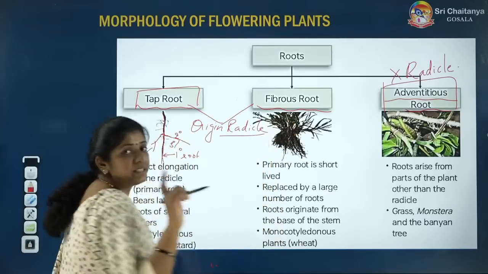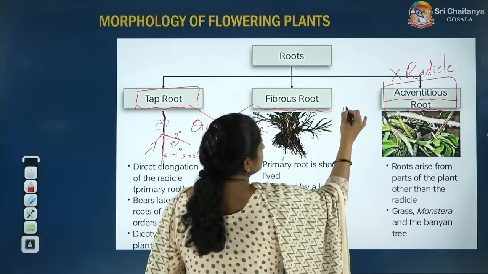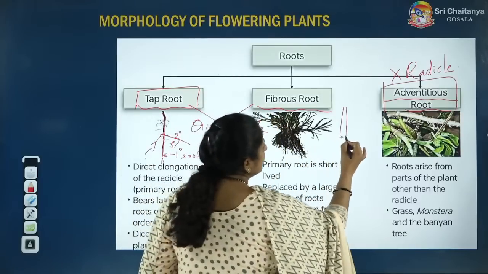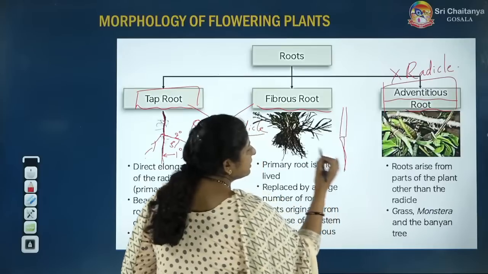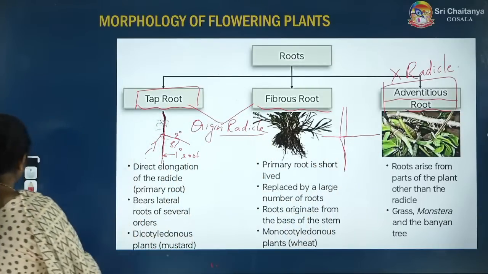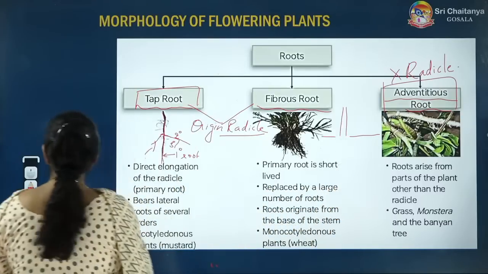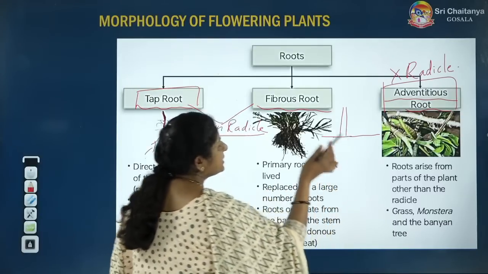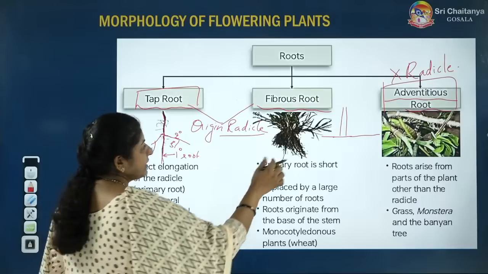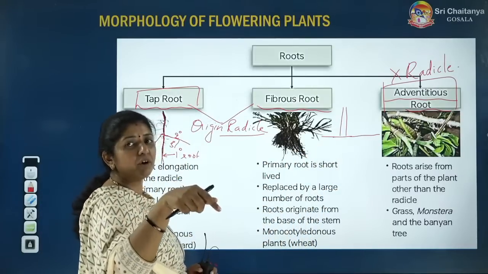Fibrous root: listen to this point carefully. This is very important. If you have a stem on the upper side with the plumule, the lower side is the radicle giving the roots. This is the ground part. Now what happened? This root, which is coming from the radicle, gradually disappears.